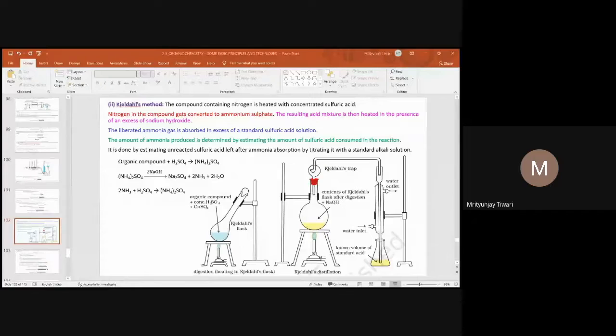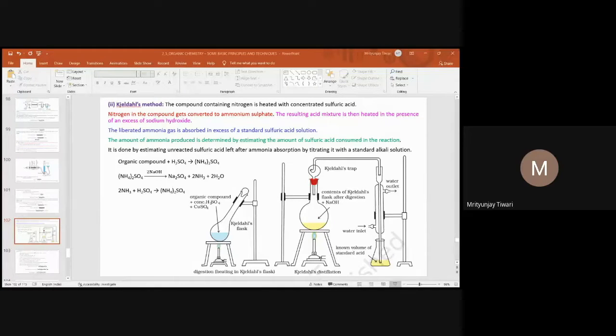Then we find out what amount of NaOH is taken to neutralize the unused amount of H2SO4. Some amount of H2SO4 has already been used to neutralize ammonia. Ammonia is basic, so it has already been used to form ammonium sulfate.